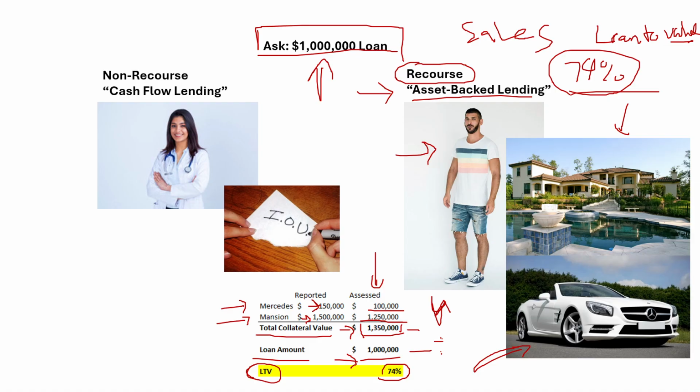Then there's another kind of lending called non-recourse lending, or also you might have heard of this, cash flow lending. Cash flow lending is actually, when it comes to commercial banking, corporate banking, when it comes to businesses, more interesting. The reason is that all we're going to get from the doctor is an IOU.